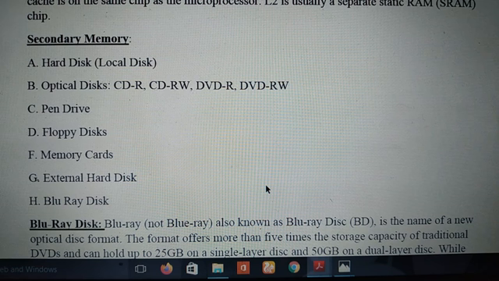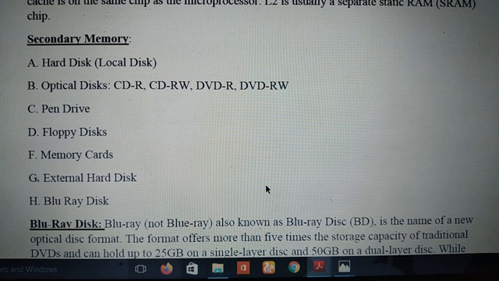Examples of secondary memory are hard disk, optical disk, pen drive, floppy drive, and Blu-ray disc. Secondary memory is also low in cost and large in space. This is the advantage of secondary memory.